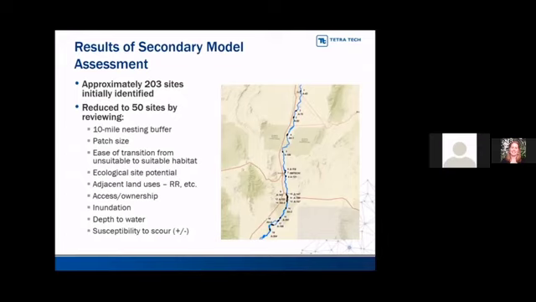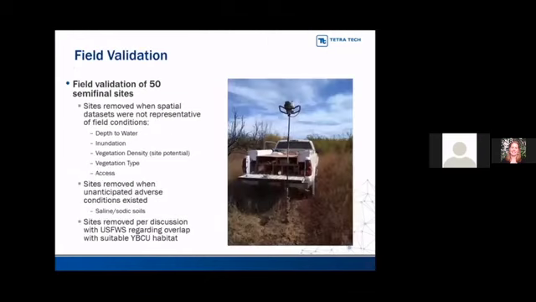We also looked at the inundation mapping, LiDAR data where available, and a long list of other spatial data sets. This review allowed us to identify 50 sites with the highest restoration potential for the flycatcher.